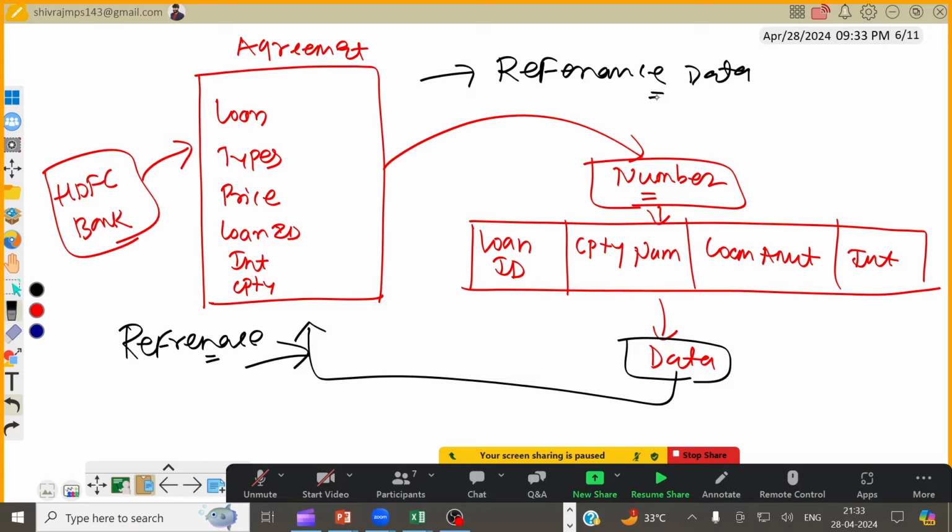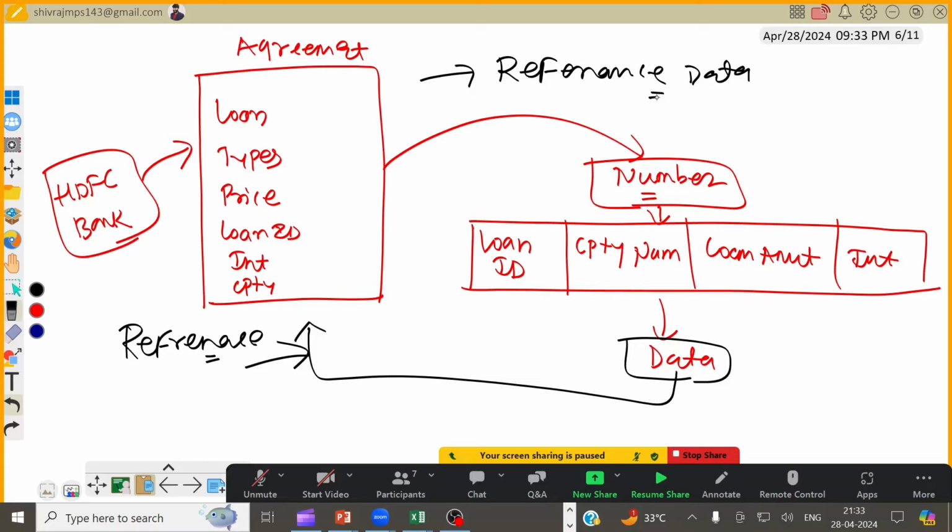If I talk about TCS, it has around 0.5 million employees. How will TCS track their salaries, their joining dates, and all other information, package, and everything? Without reference data, they cannot track everything in an effective way.